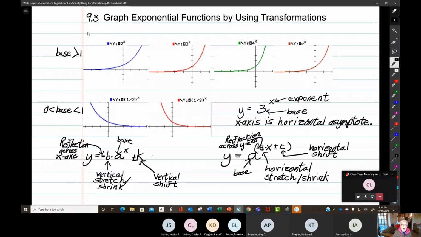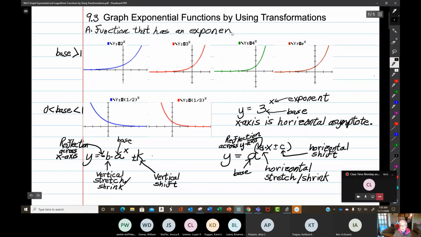A function that has an exponent is a function like this.